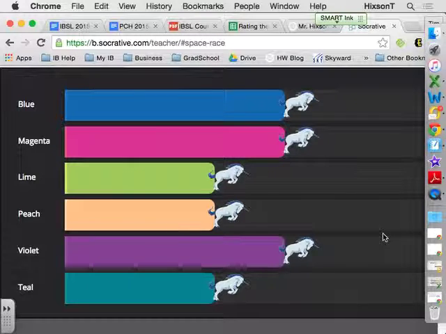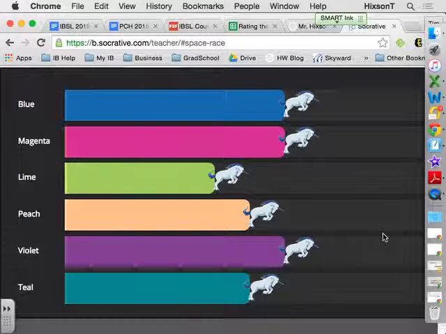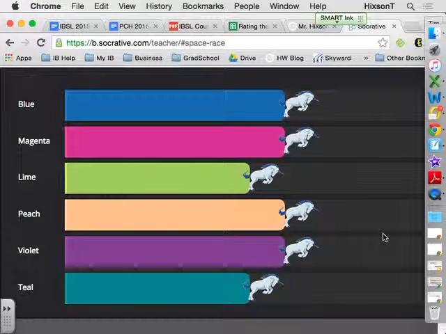Mine just won't load. I tried reloading it like 6 times. Oh, there we go. All right, we're all neck and neck here. Come on, let's go.